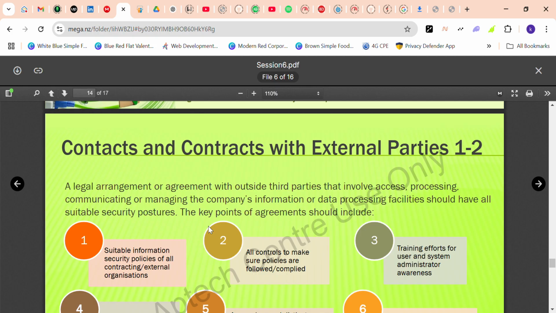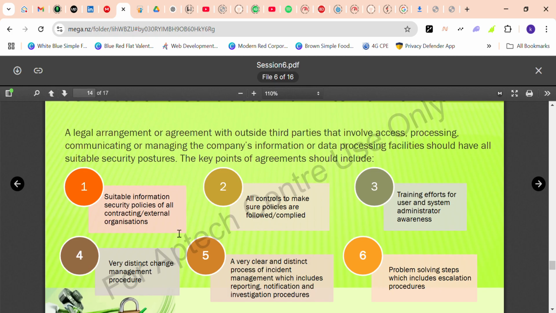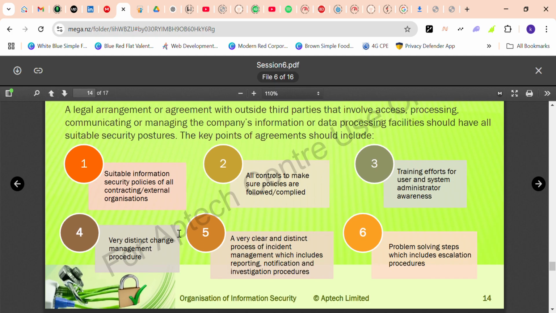And then we have the key points the agreement should include. When you are making the agreement, it should include, number one, suitable information security policies for all contracting and external organizations to be put in place.